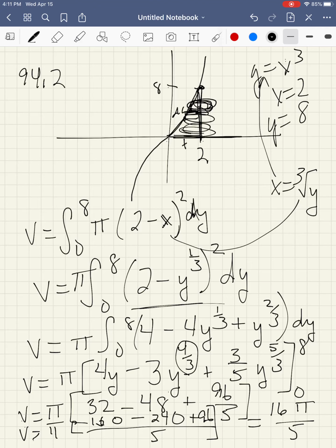Okay. Now both of those were using the disk method. And now we're going to move on to the next one, which is also using the disk method. It says, region R is completely enclosed by x equals y squared. Okay, that's a parabola, but it opens weird. It's not the parabolas that we usually work with.